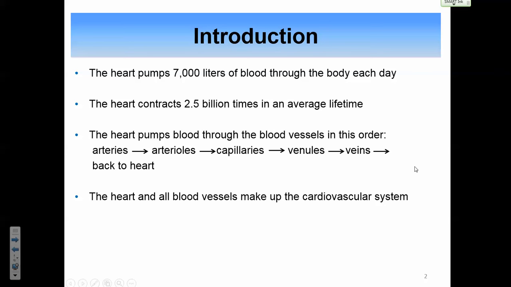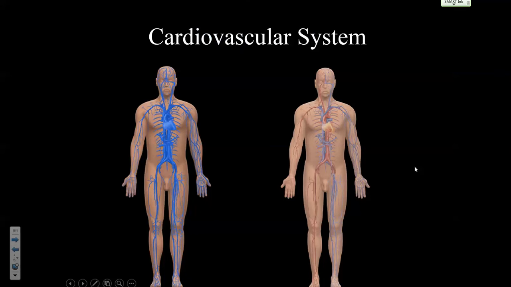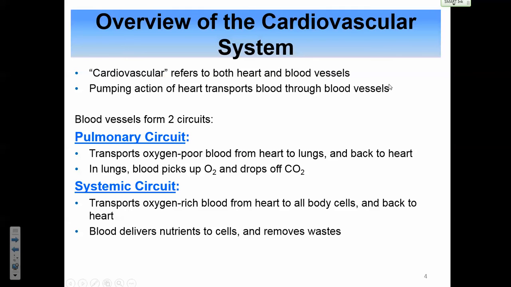Okay. And so all of those blood vessels plus your heart is called your cardiovascular system. So here you can see nice little pictures of it, the heart and the blood vessels. When we look at the heart today, we're going to see its action as a pump, but it's basically a double pump.